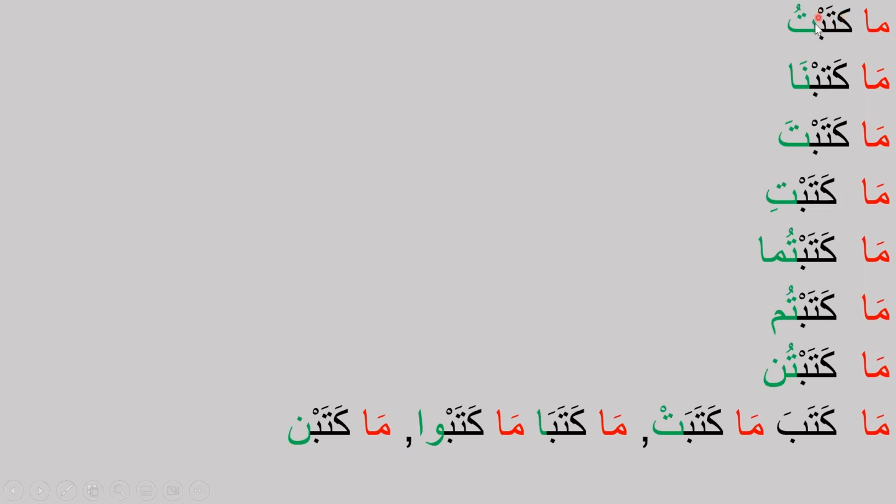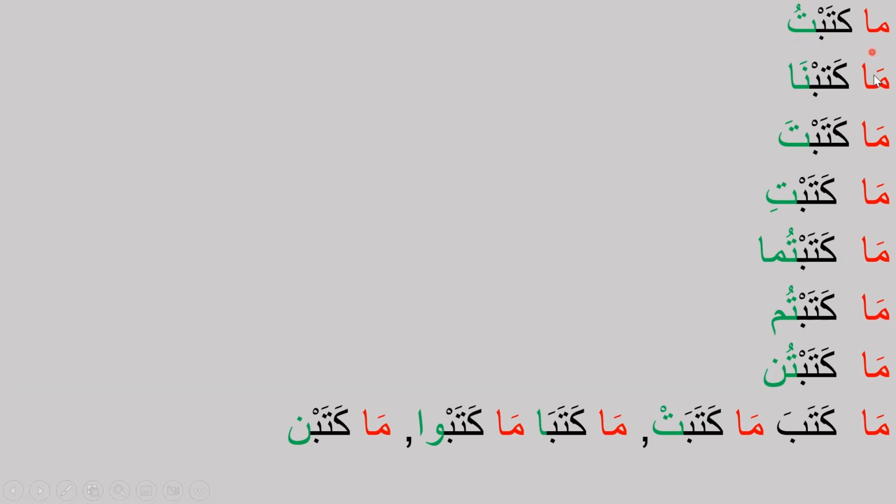Ma katabna, we didn't write. So the verb is conjugated in the past tense. So these are the endings for the past conjugation. And then you just put ma. You don't have to worry about a present conjugation. So you have your past tense conjugation and you use ma.